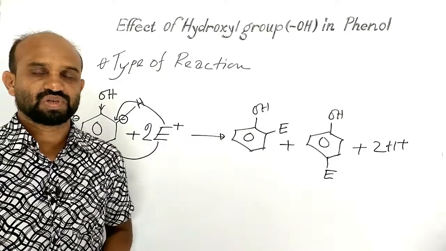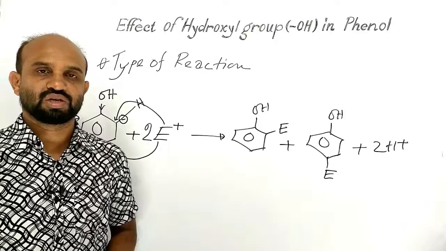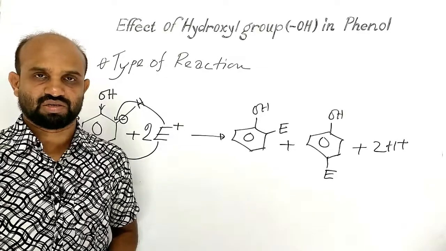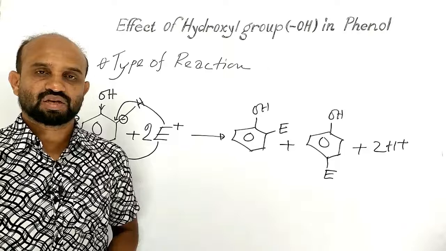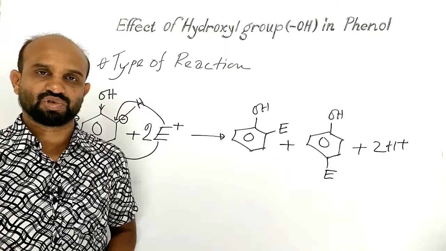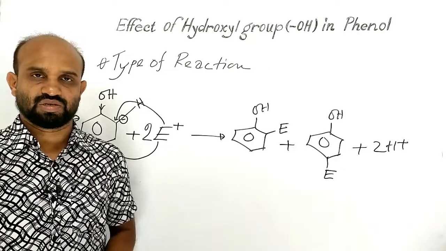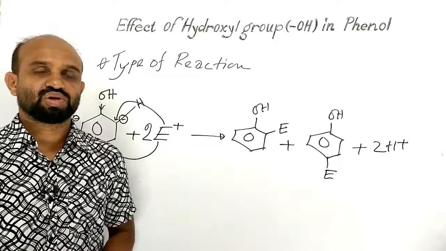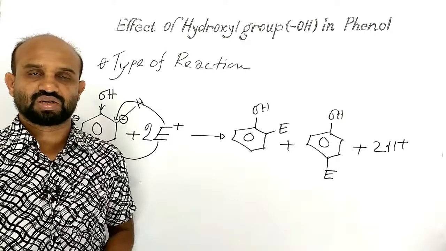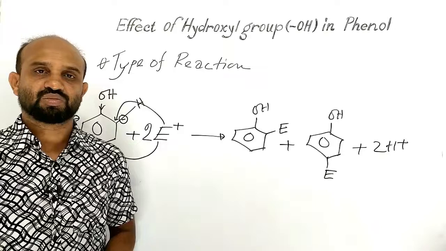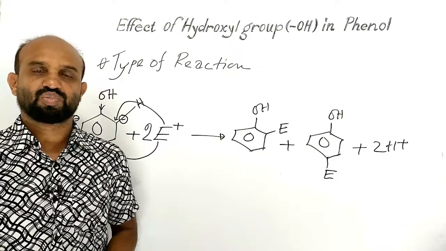The reaction type is phenol undergoes electrophilic substitution reaction, and basically substitution occurs at ortho position and at para position. Because ortho and para positions become electronically rich because of the presence of hydroxyl group through positive mesomeric effect.